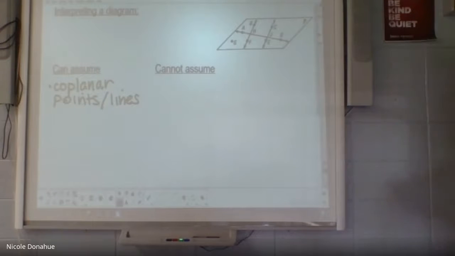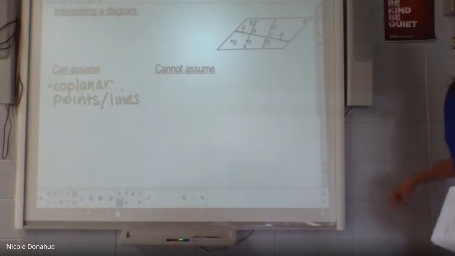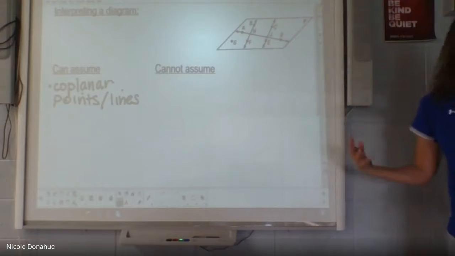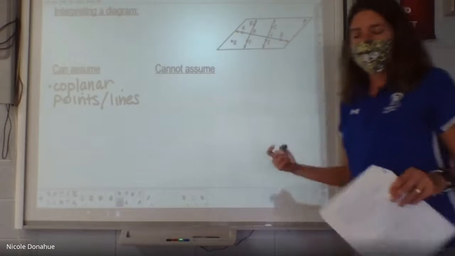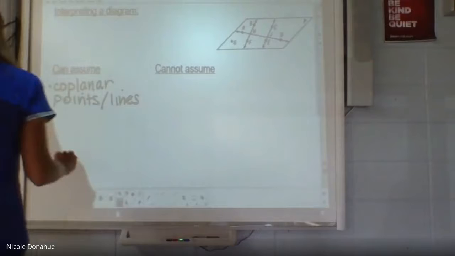Anyone have other things that they can tell from this drawing? It's kind of weird to tell because some of them are so obvious. Some of the things I see are, if points are on the same line, they're collinear. So I see collinear points as well.